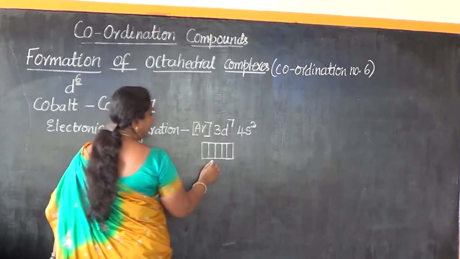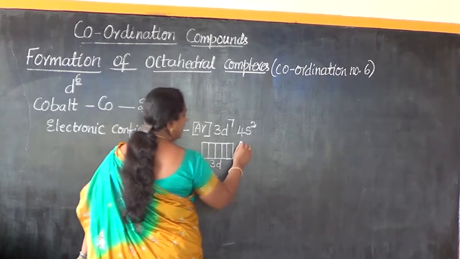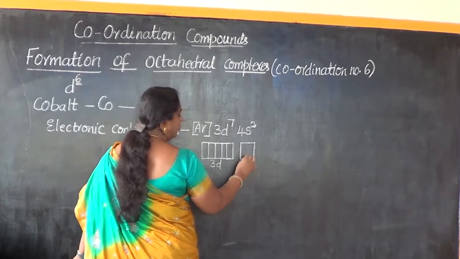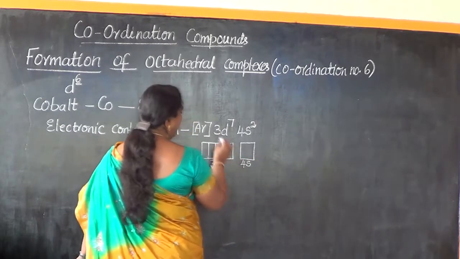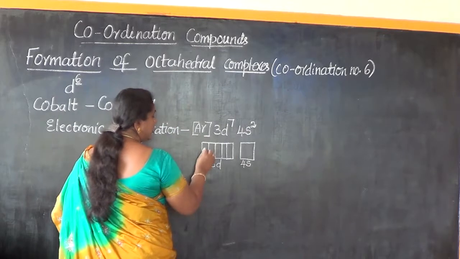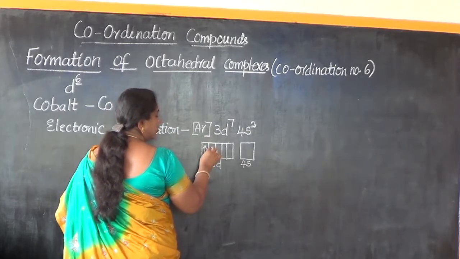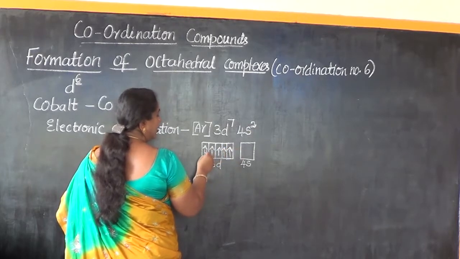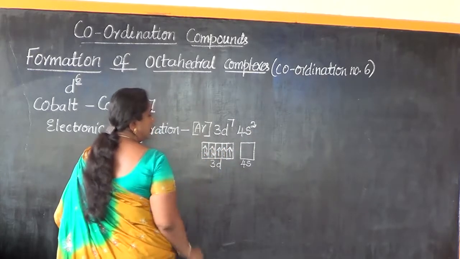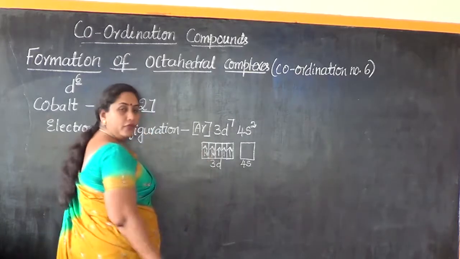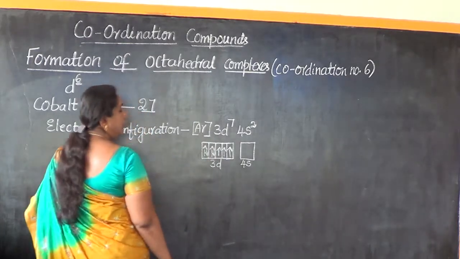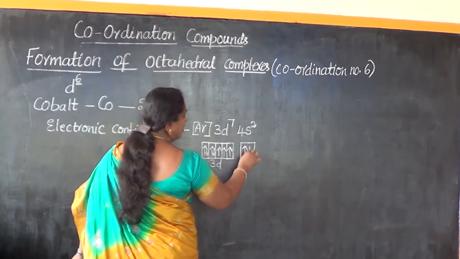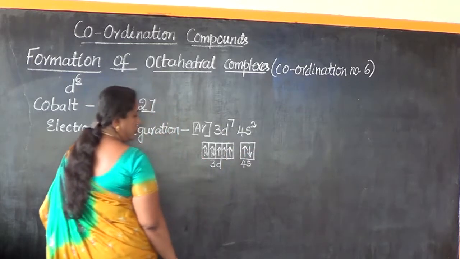So there go all the 5 orbitals of the 3d energy level, and there is only one 4s orbital. And let me write the filling of the electrons: 1, 2, 3, 4, 5, 6 and 7. So 3d will contain paired electrons in 2 orbitals, and 4s will also contain paired electrons.